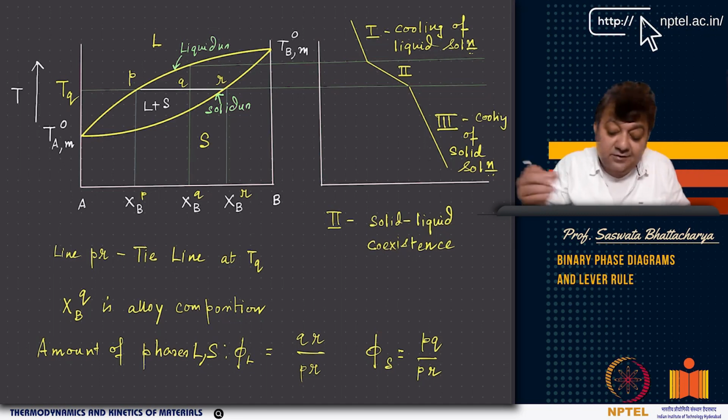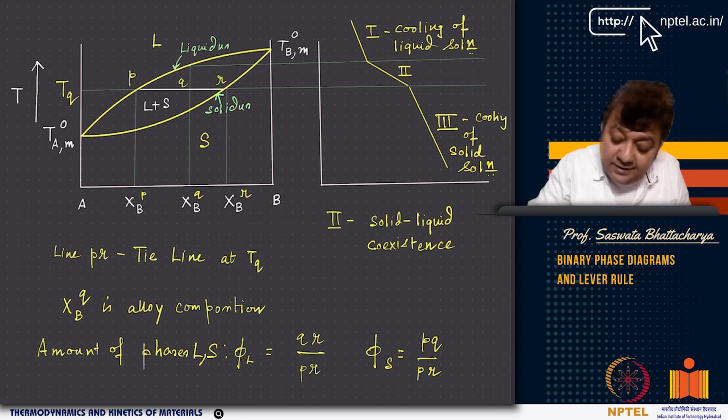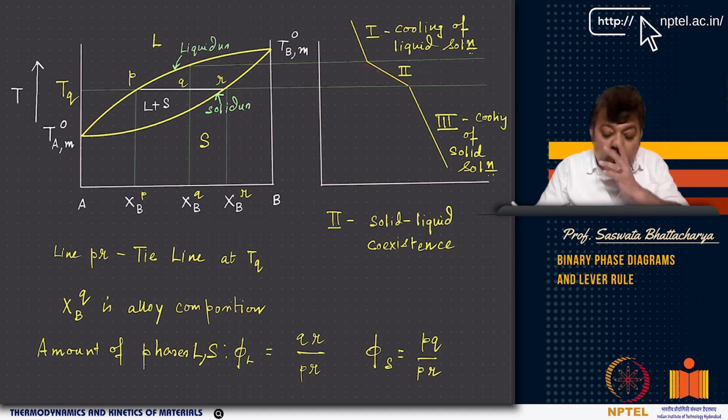But when you have a mixture or a solution of A and B, you see the cooling curve where, in the 2-phase region, you see a continuous change in slope. And 3 is basically cooling of the solid solution.